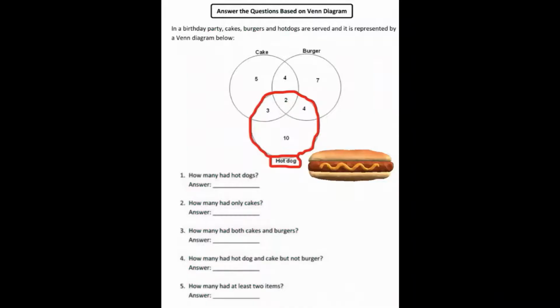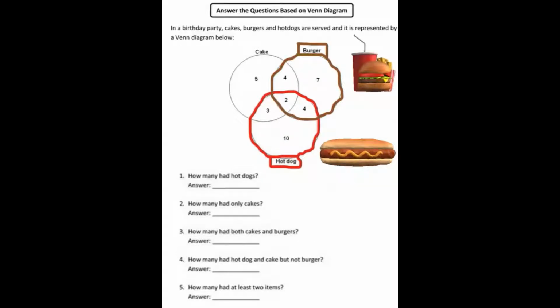Okay, so as you can see, all the numbers within the red circle here, which is the part of the Venn diagram, are part of the hot dog. They're also part of the other two categories, as you can see here. And the next one I'm going to talk about is a burger, a hamburger. And as you can see right above the picture of the hot dog, I've got a photo of a hamburger.